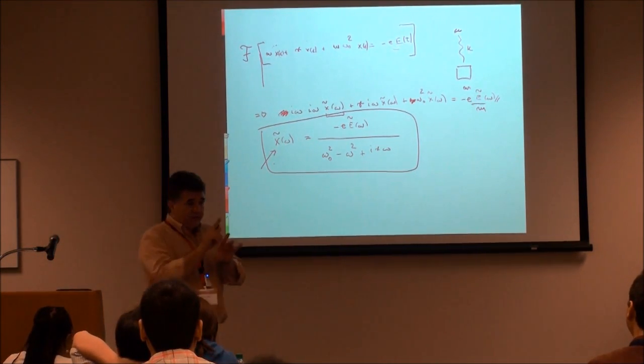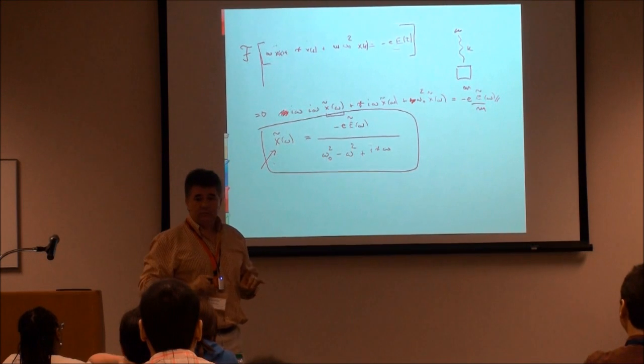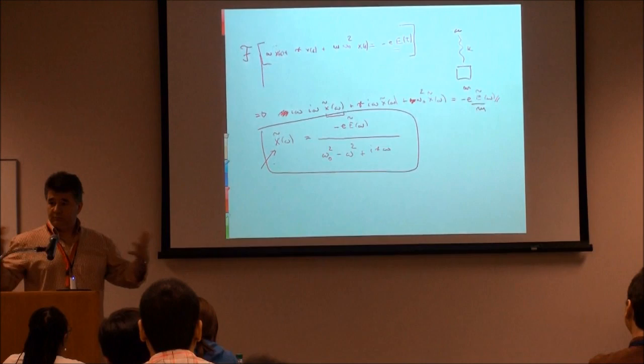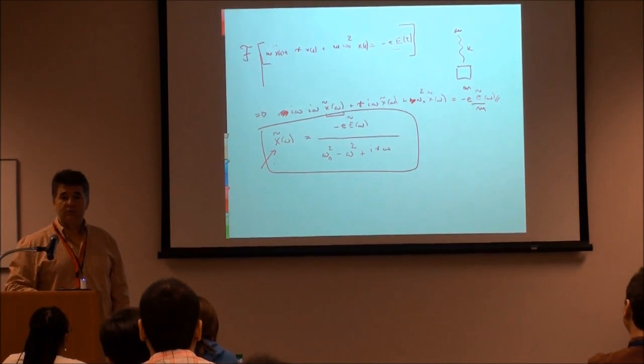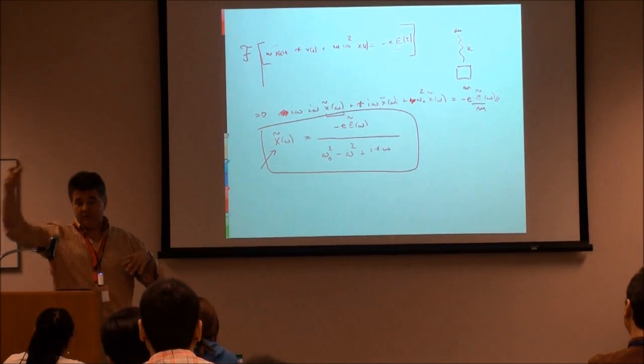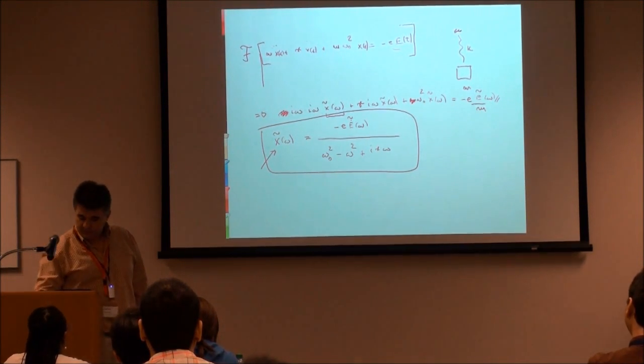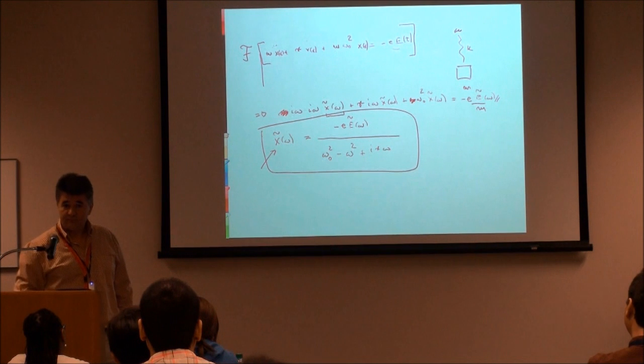I change my frequency to a different omega, omega 1, omega 2, then I will get another displacement that will be x of omega 2. If I put them all at once, I have a distribution, E of omega now. The response will be this whole function.